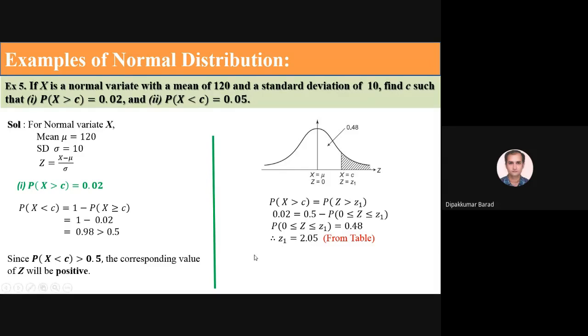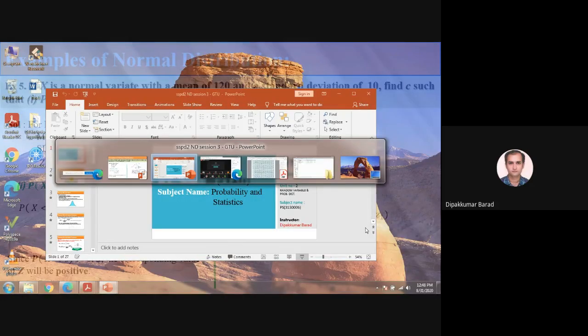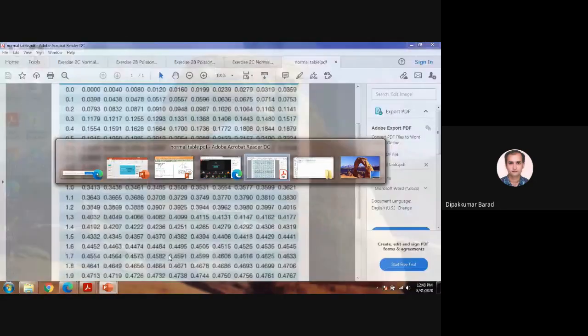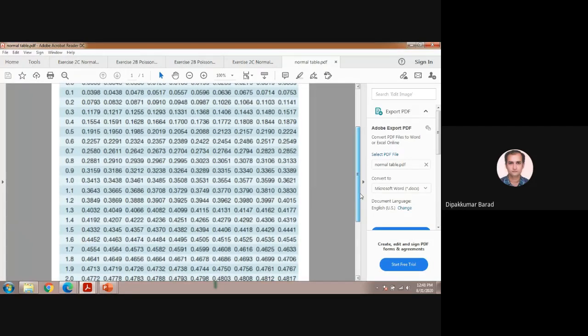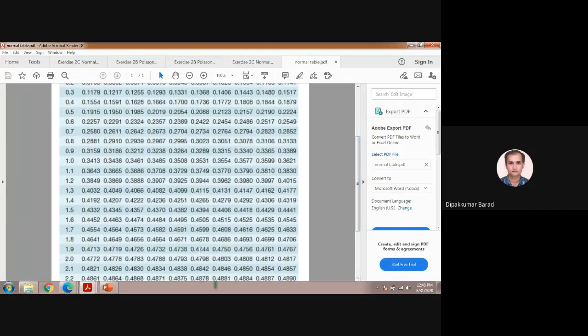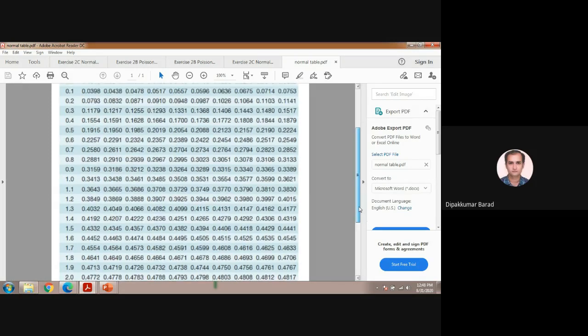Let me show you in the table. This is 0.48 in the table. If you look, this is 0.47 and 0.48. Now see here, 0.4798, and then we get 0.4803. So this is in the row 2.0.